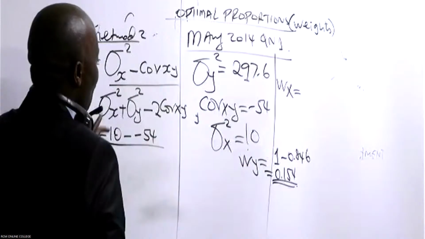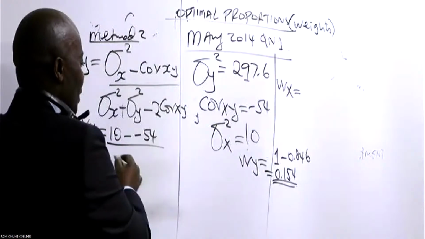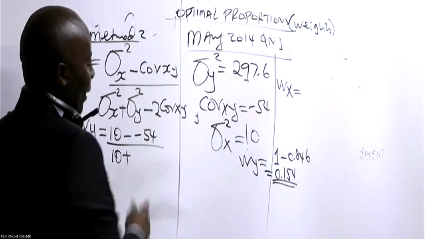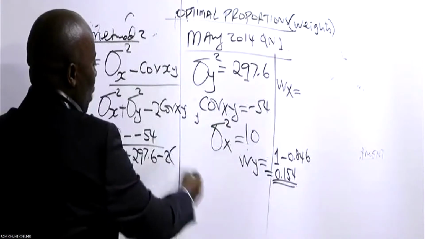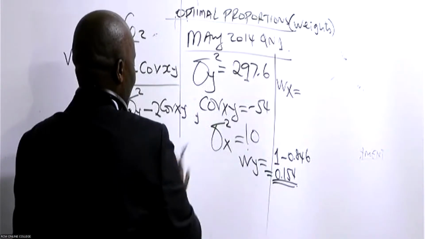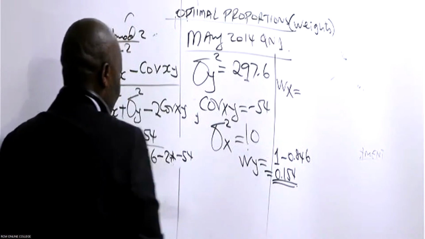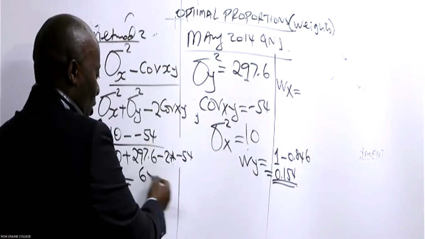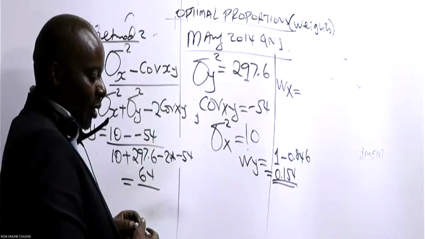All over variance of X, which is 10, plus variance of Y, which is 297.6, minus twice covariance, times negative 54. So please give me the numerator. How about the denominator?